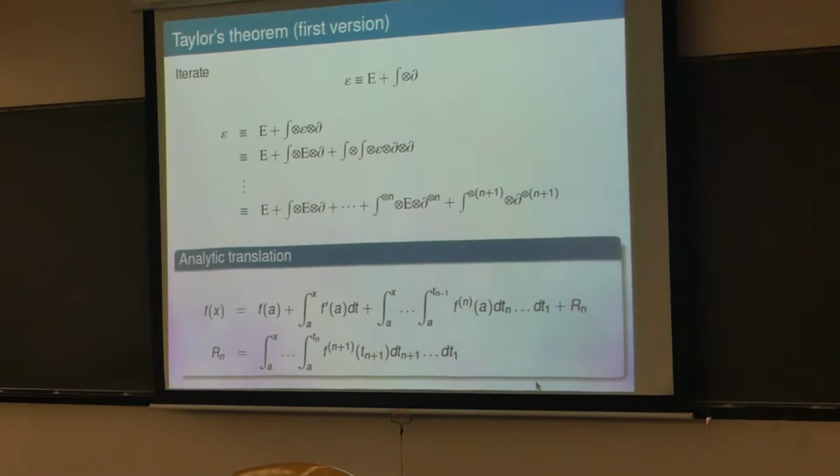This just comes from the right inverse, so that the identity is equal to the long sum that you have here in terms of operators. This would be the analytic translation, if you want. Here we only use that the integral is the right inverse of the derivation for this formulation of Taylor's theorem.